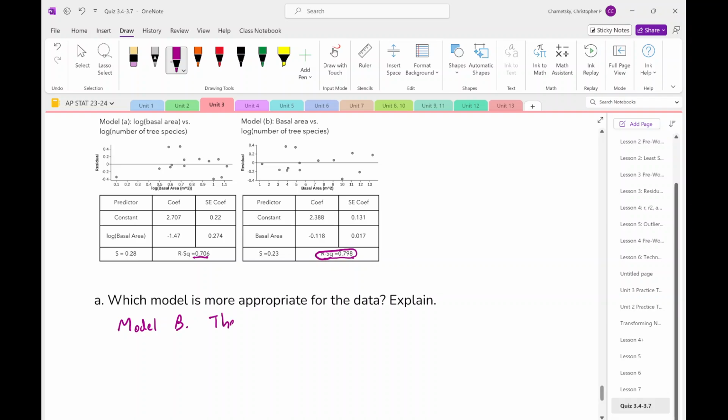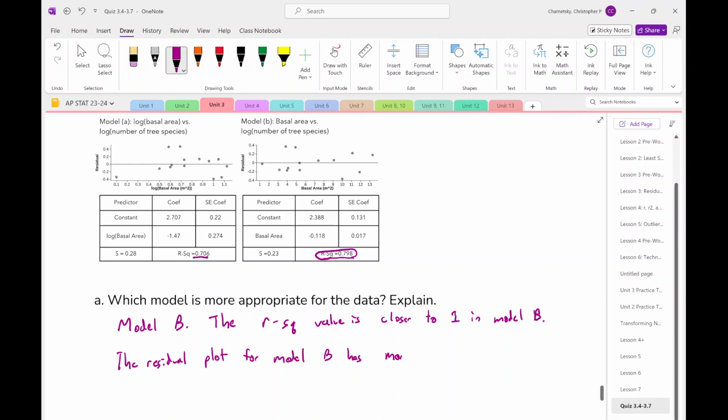So the first reason is the R squared value is closer to 1 in Model B. Also, the residual plot for Model B has more random scatter.